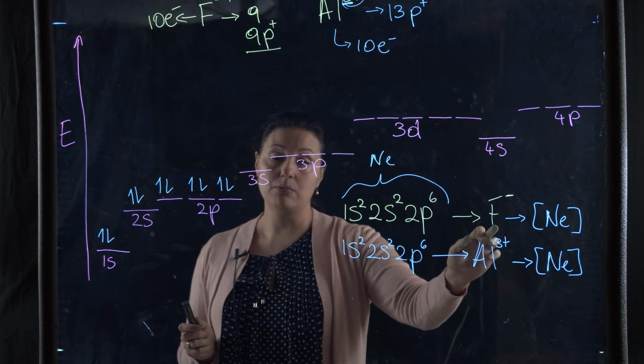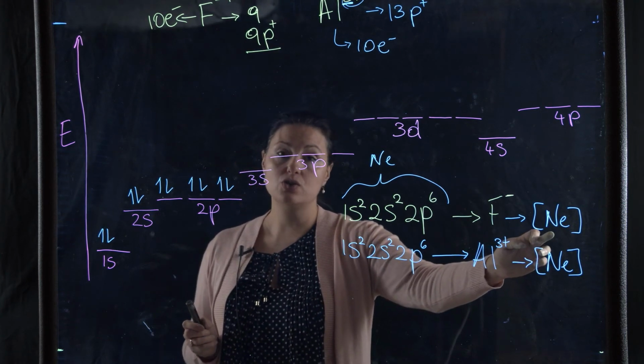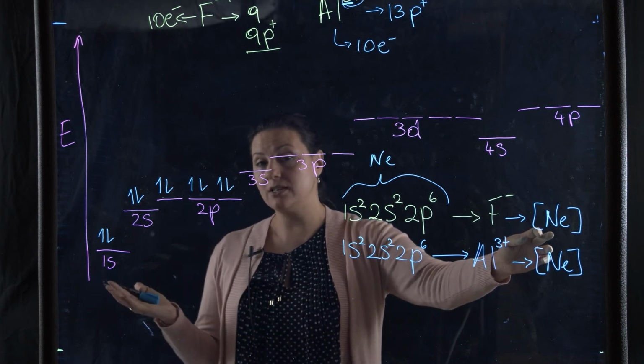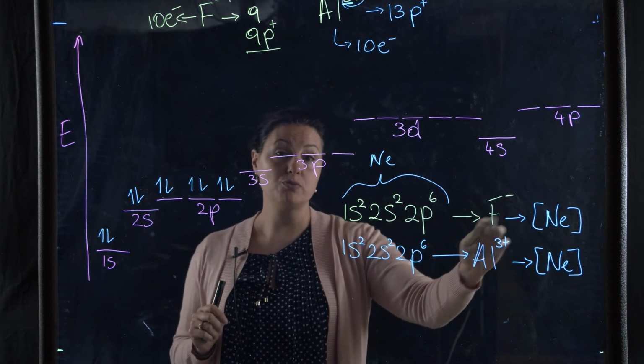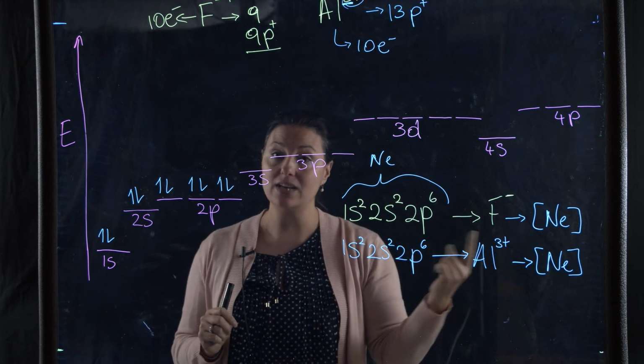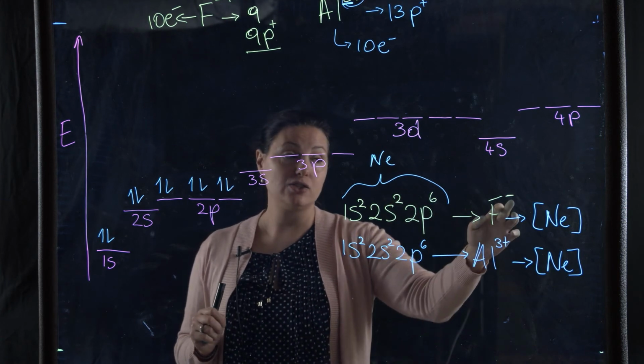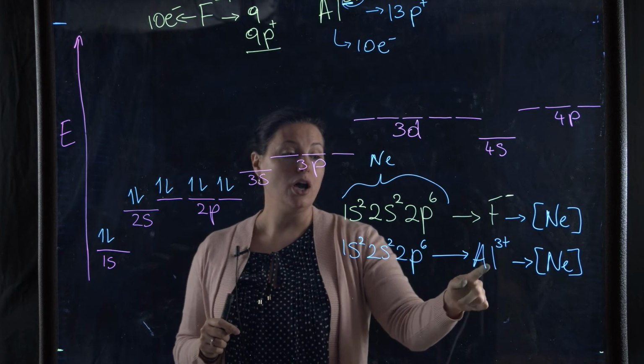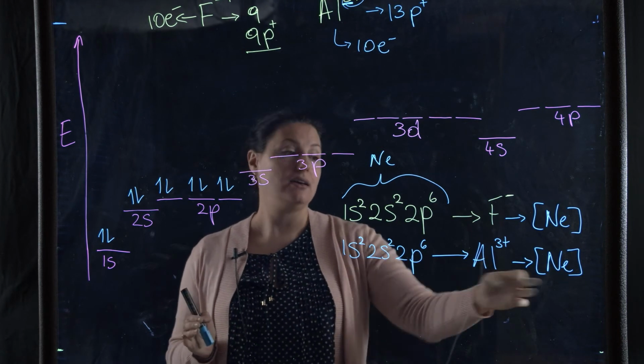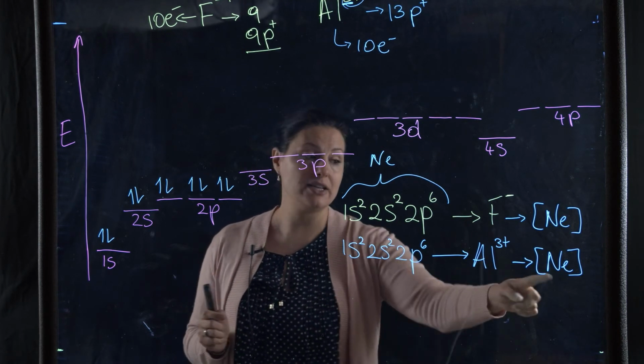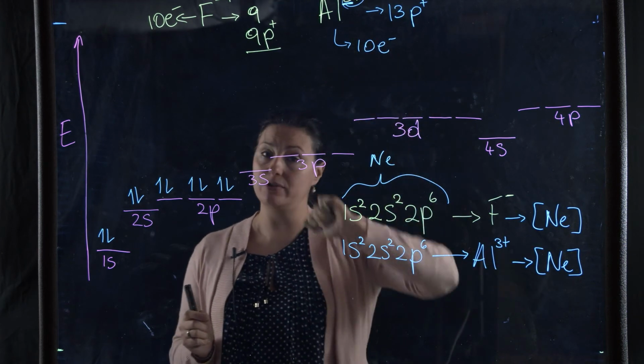Fluorine, for example, is number 9 and is closest to the left of neon, which means to get to neon, it has to gain 1 electron. And it does so, and it gains a negative charge. Aluminum is past neon. Neon is number 10, aluminum is number 13.